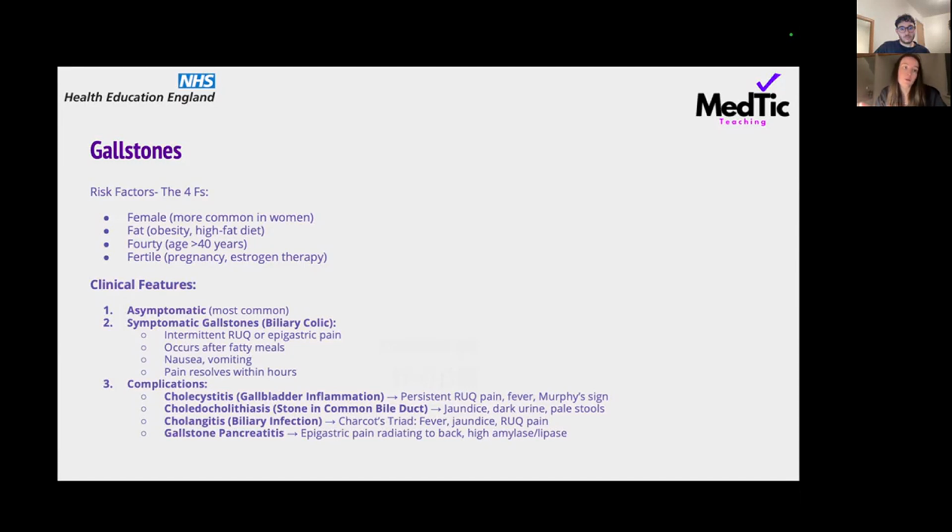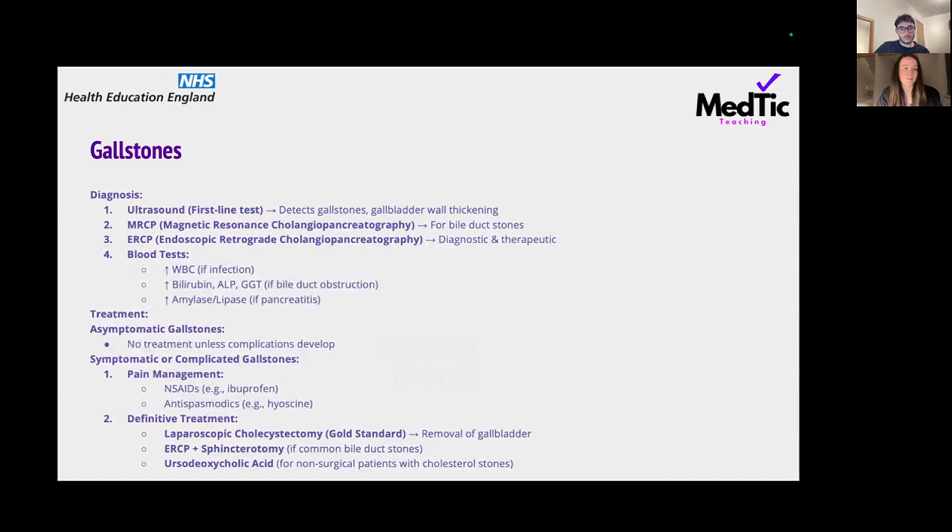And ultimately, gallstones can also lead to pancreatitis. So your classic pancreatitis symptoms like epigastric pain radiating to somebody's back with a high amylase or lipase. They often present quite unwell with nausea and vomiting, and that can also be secondary to gallstones. In terms of diagnosing gallstones, the first line diagnosis would be ultrasound.